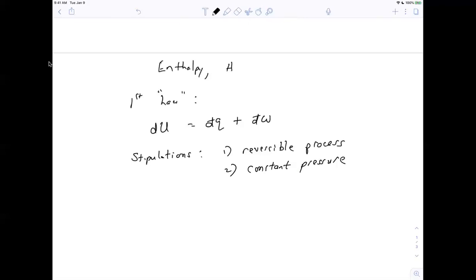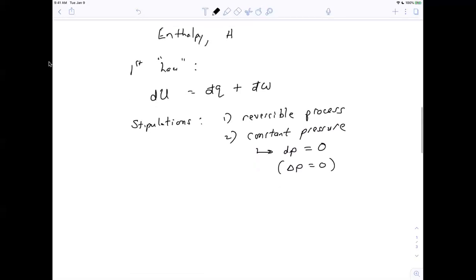Because of constant pressure, any differential of P is going to equal 0, and hence delta P for anything will also be equal to 0. But dP is what we're interested in because we want to write this in differential form. And because the process is reversible, we know we can make a substitution for the external pressure when we deal with work. And so what we have here is dU is equal to dq.